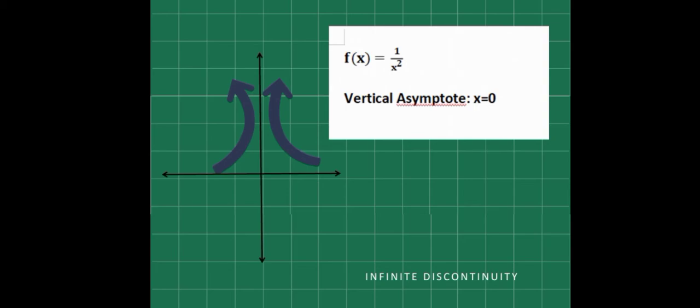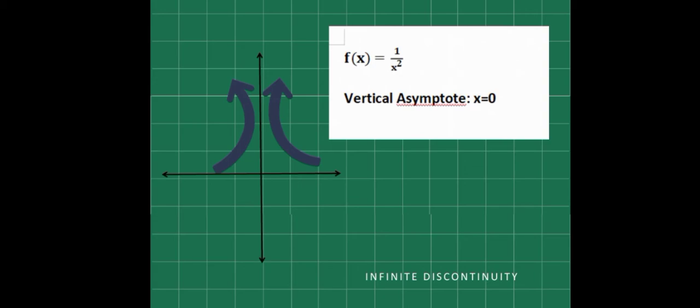For example, f of x equals 1 over x squared, and we are given a vertical asymptote of x equals 0. If we substitute x with 0, we will have 1 over 0, making the equation undefined.